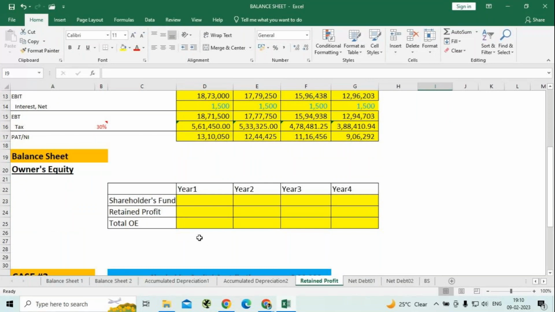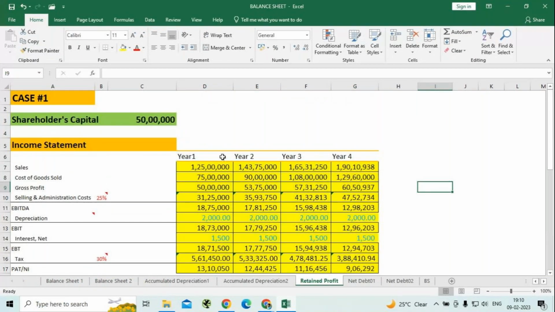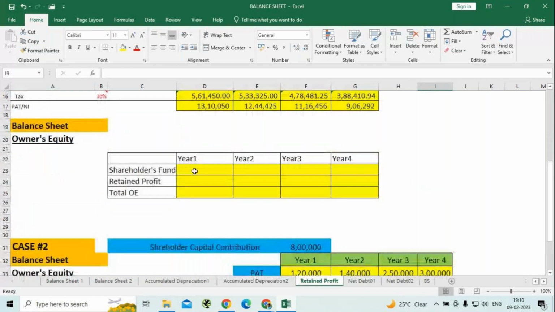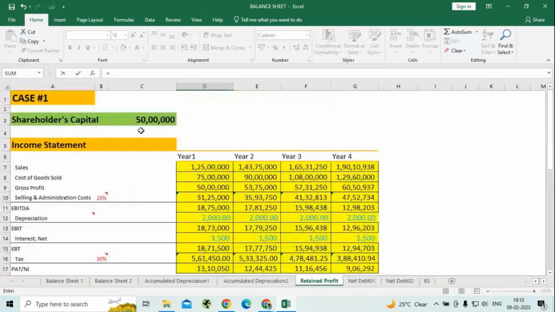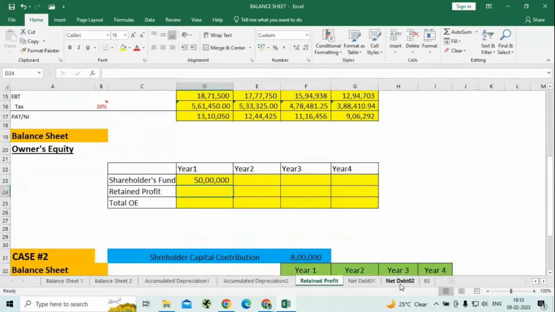As per the information here, the capital value is 50 lakhs. I'll select this value and freeze it because it remains the same for all the years. Since I'm not bringing any extra fund, it remains the same for all 4 years.